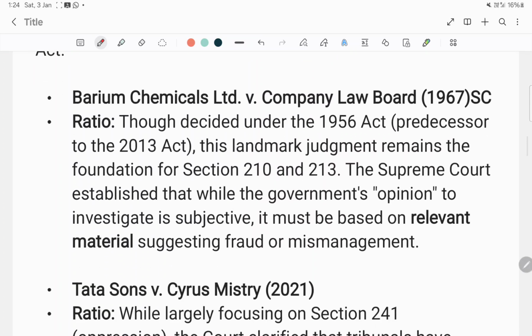Thereafter, Barium Chemicals Limited versus Company Law Board, 1967 Supreme Court. This case is very important. It says that Sections 210 and 213 are fundamental, even though the same provision was provided under the 1956 Act, but with different sections. Now, since we have the 2013 Act, the same provision has to be followed as in the 1956 Act.